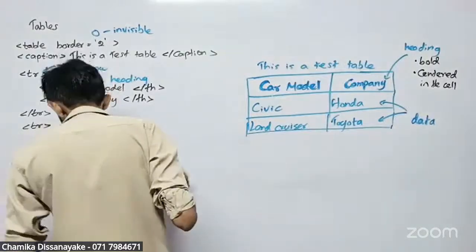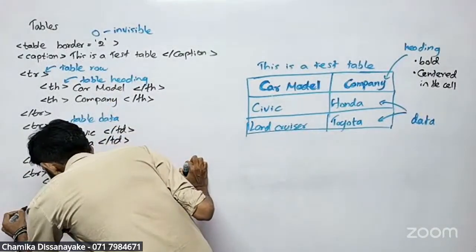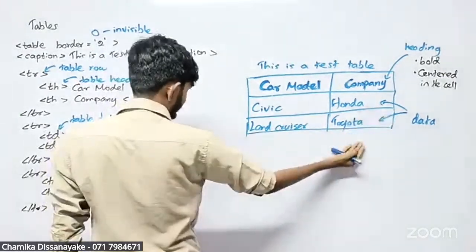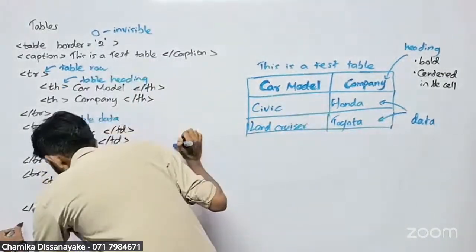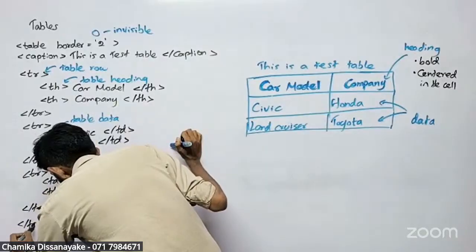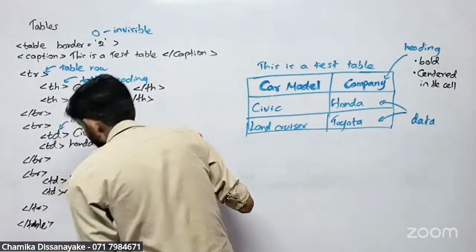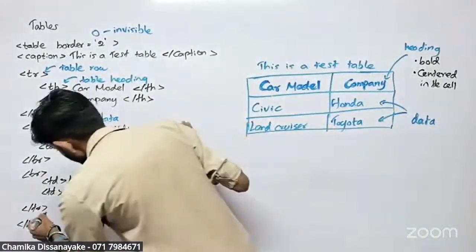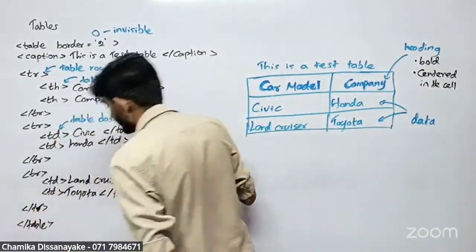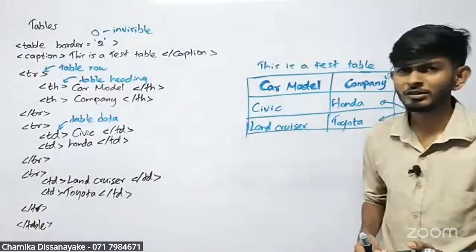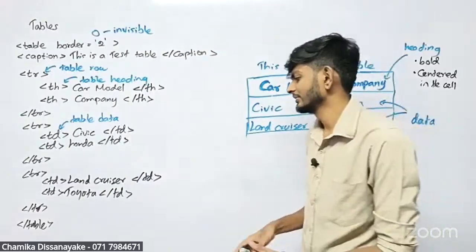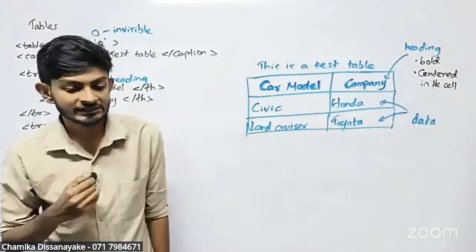So that row is also finished. So then the whole table is finished. Table tag is also finished. This is a row. So that's how we can write the HTML code for this table.